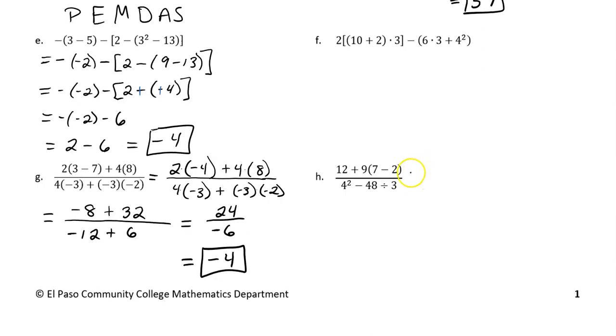All right, order of operations, we do parentheses first. So I'm going to copy down quite a bit of this while we get our parentheses cleared up. We have in our parentheses 7 minus 2. Well, that's a 5. I can keep the parentheses there to act now as multiplication. Then on the bottom we have the 4 squared minus the 48 divided by the 3.